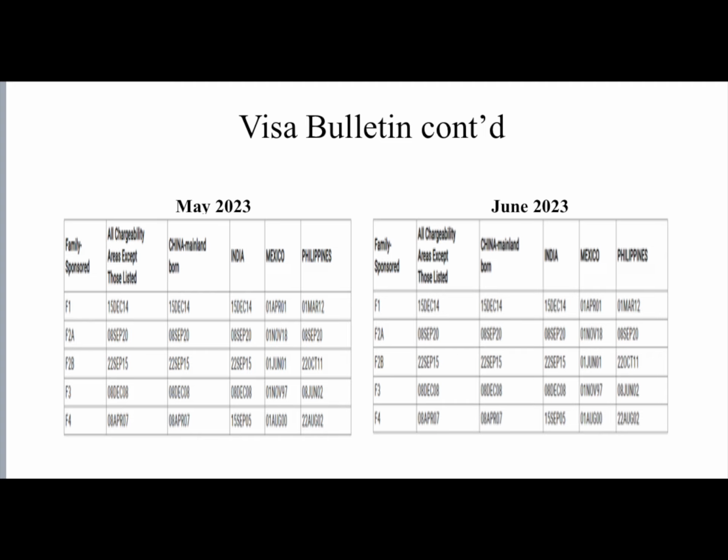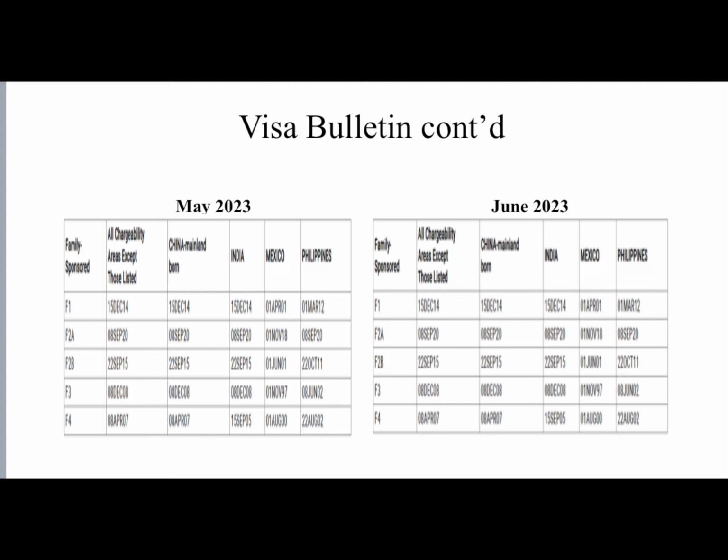F2A, they were at September 8, 2020. That remained. F2B, 22nd of September 2015 remained. F3, no move in that category as well. And F4 remained the same for May.